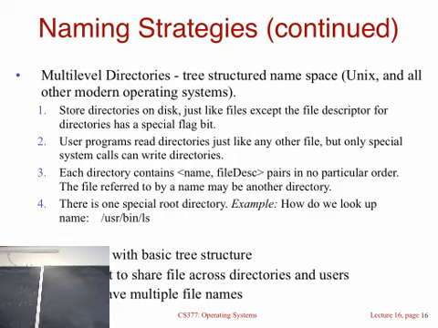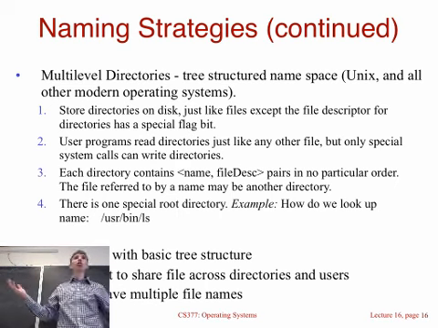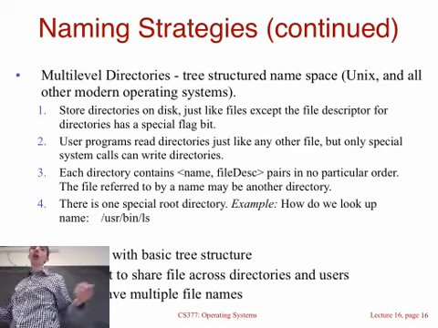This is basically just a tree structure with lots of levels, and at the bottom, once you get to the end of your directory tree, you have an actual file. That's how we specify file names in modern systems: slash usr, slash bin, slash whatever, and you ultimately get down to the file name, and that determines the actual file and the set of directories.